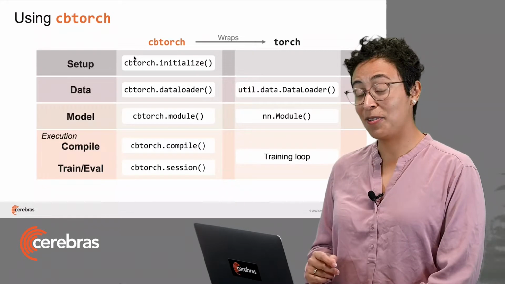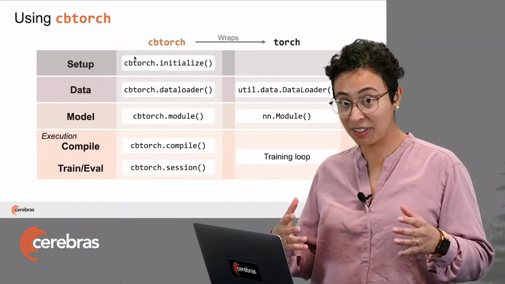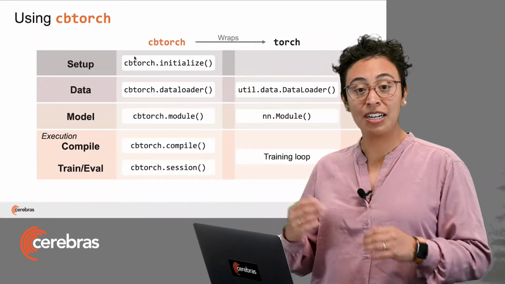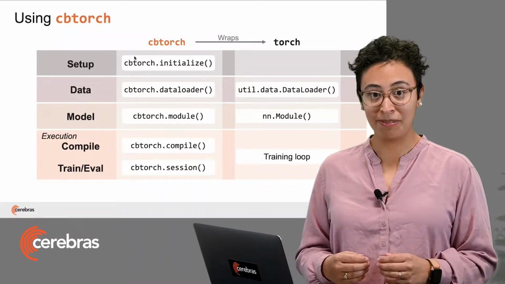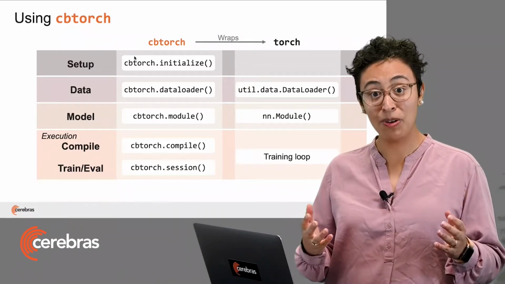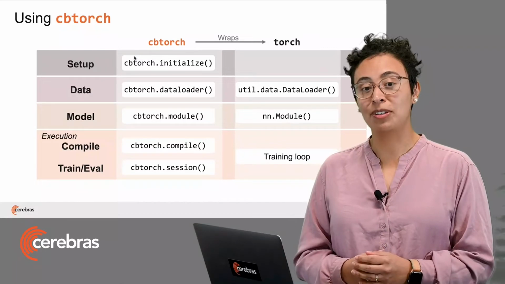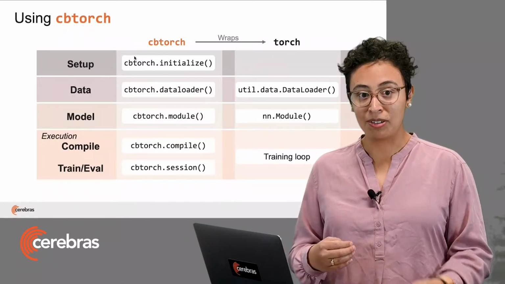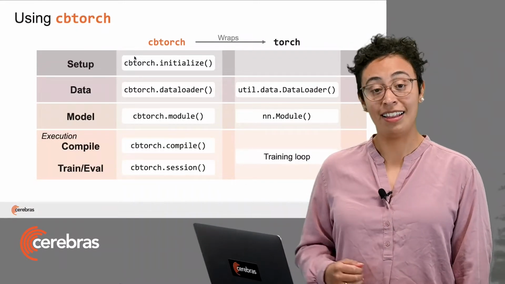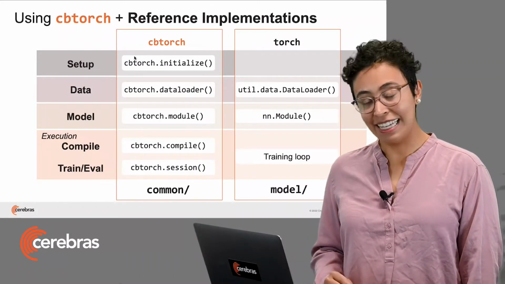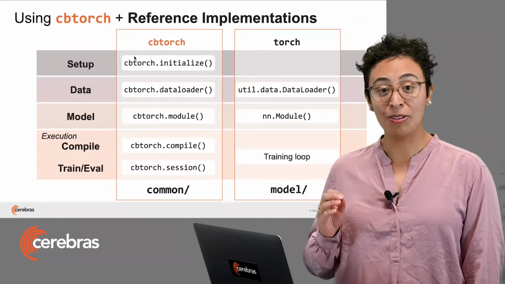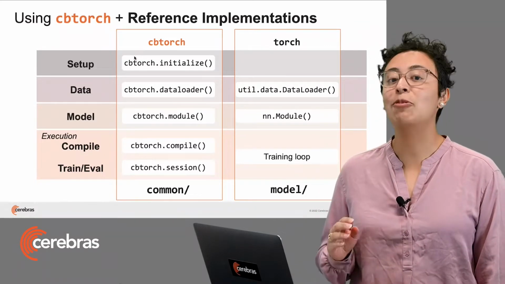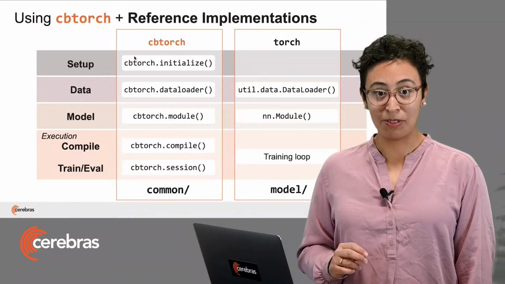In the last video, we learned how to port code from PyTorch to Cerebras systems using CVTorch. CVTorch is a Python module that grabs functions from Torch. We learned four different steps to use CVTorch: setup, data, model, and execution. In this video, we are going to go deeper into our reference implementations, and we will notice that there are two different types of folders.